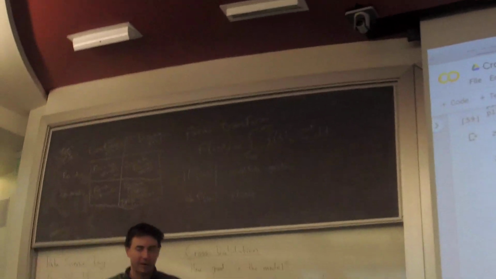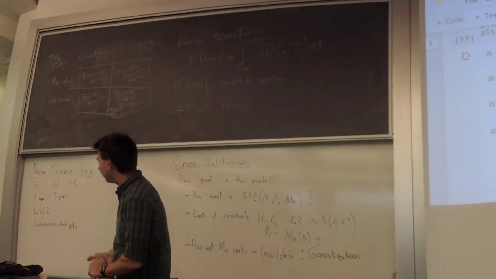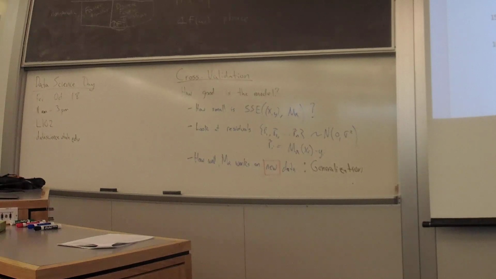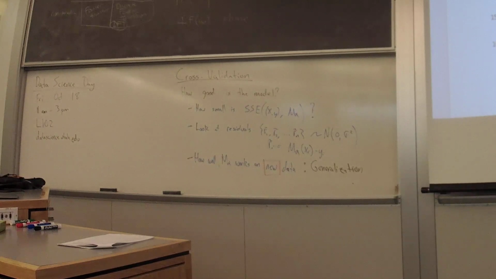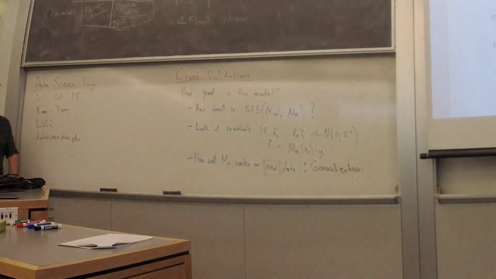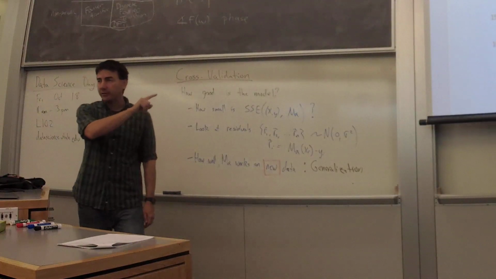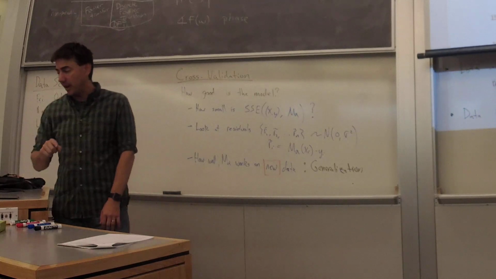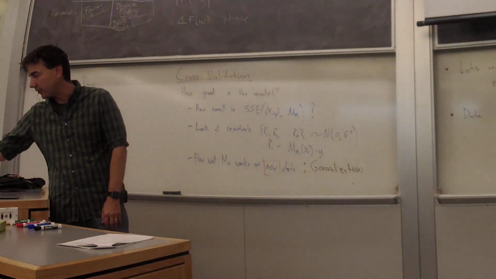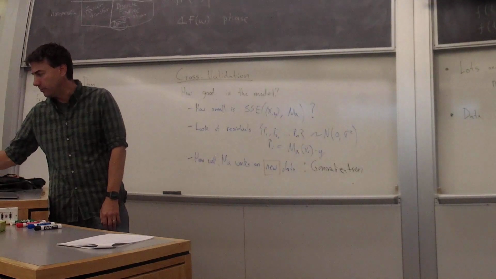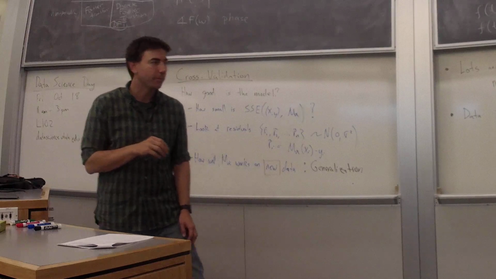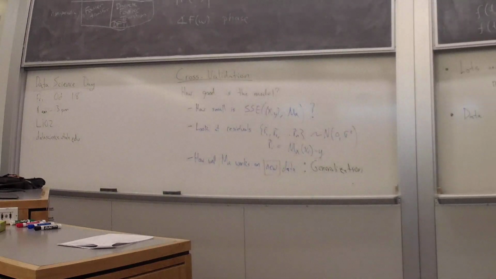So how would I go about doing this? Let me put the screen up. So what are you trying to predict in this example? I'm still doing cross-validation. I still want to know how well a model generalizes. And in this example here, I only have 10 data points, so I have a small number of data points.